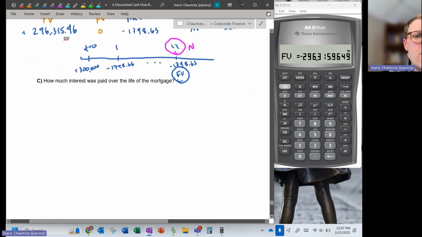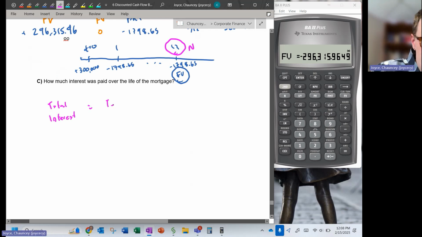How much interest is paid over the life of the mortgage? So we have to go back to this total interest and first look at the total payments. So total interest equals total payments minus delta, or change in principal.